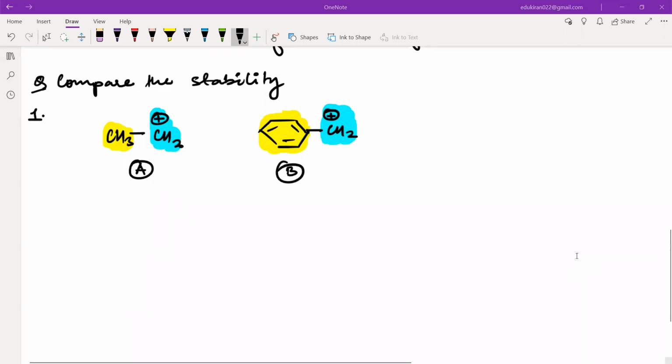You guys have not written notes? Okay. So tell me, is there any condition that has been fulfilled in structure A? Yes or no? Is there any resonance in structure A?